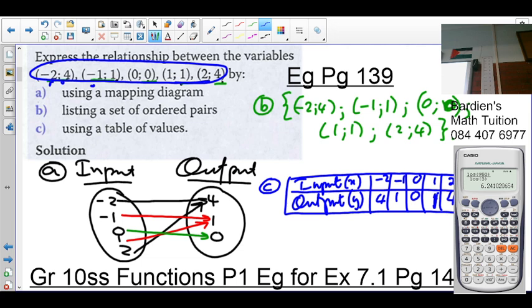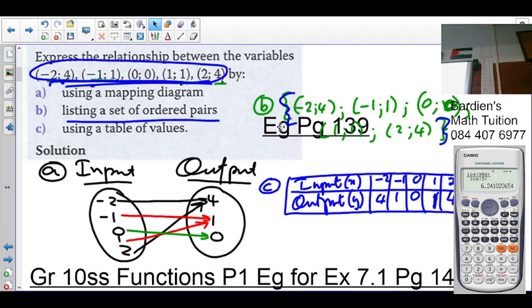Do you understand now? So if B asks for a set of ordered pairs, that is the same. Did I need to put a squiggly bracket here? No, that is just to list. That's why I put it here. Any confusion thus far? No. Let's carry on.